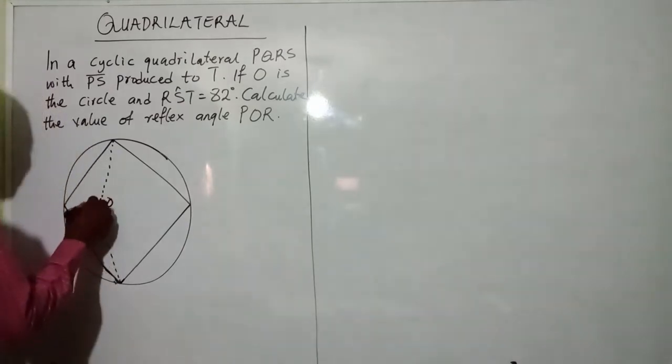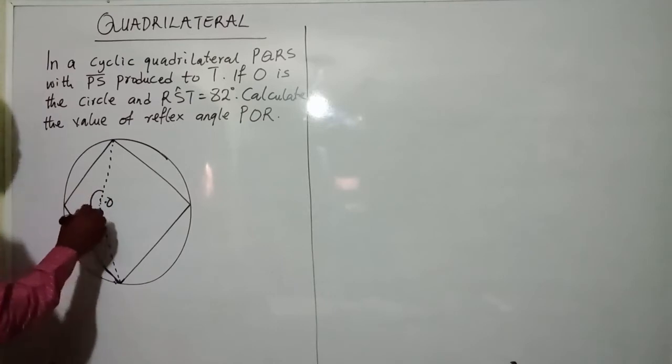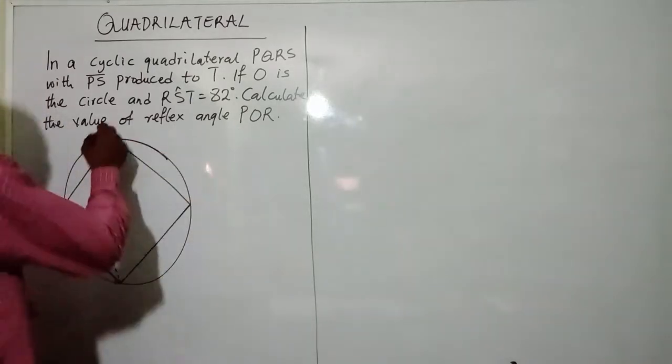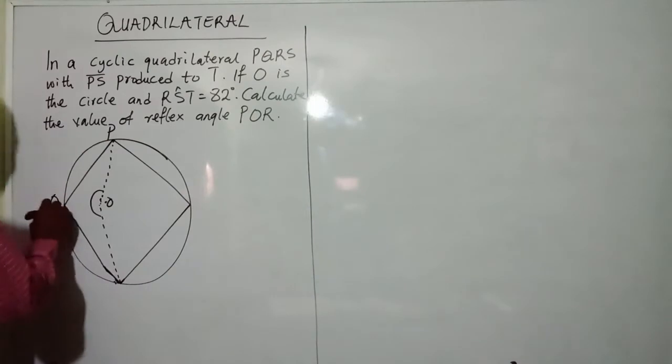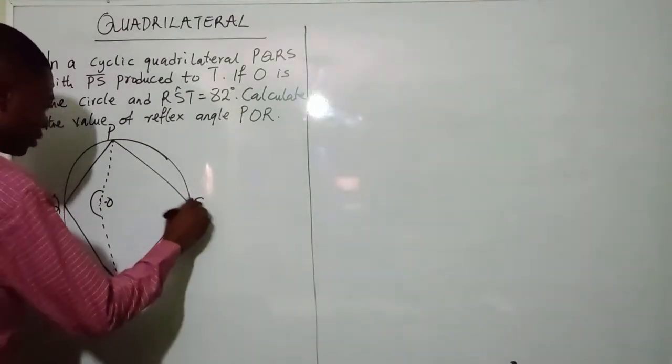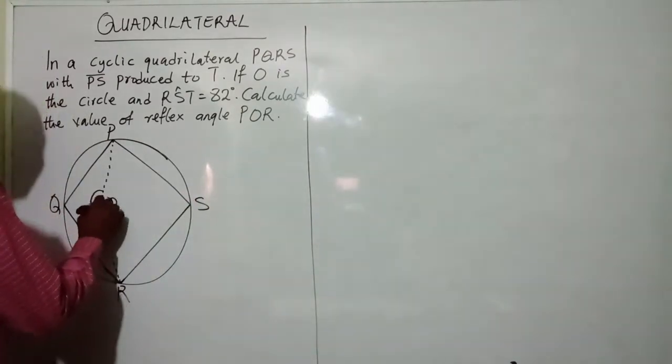So this is O, and this is like the reflex angle that we are talking about. So this is P, Q, R, S, and this is the center O.